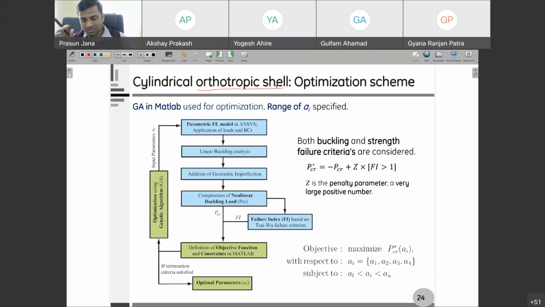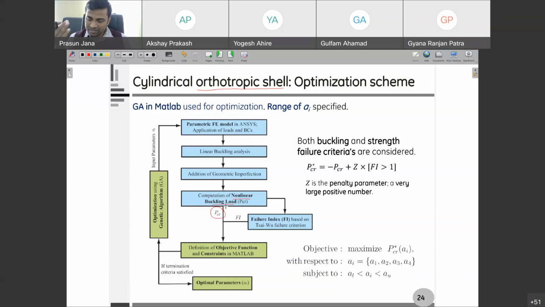You have to choose a shape which has higher strength in both criteria, buckling as well as strength. We have tried to incorporate that in this exercise. Here you can see we are taking buckling load, and I'm using nonlinear buckling load. There are eigenvalue buckling and nonlinear buckling, and I will not go into the details of that.